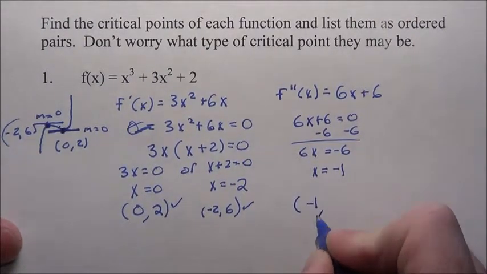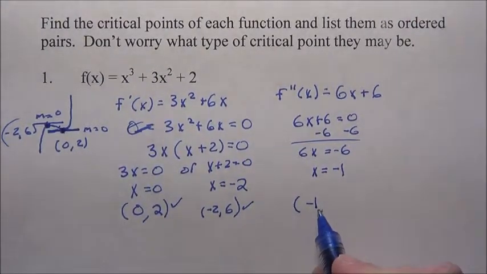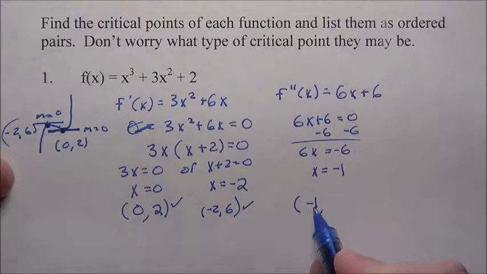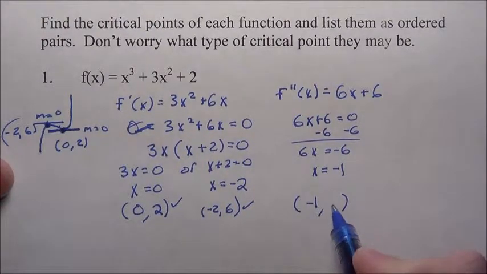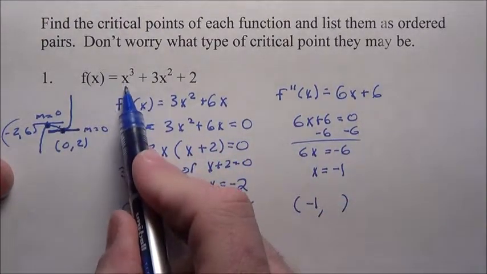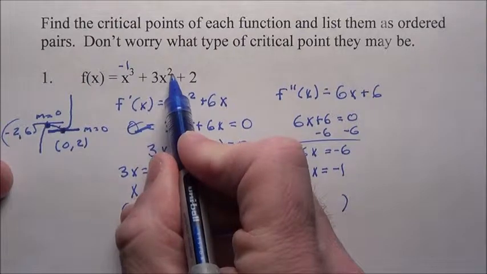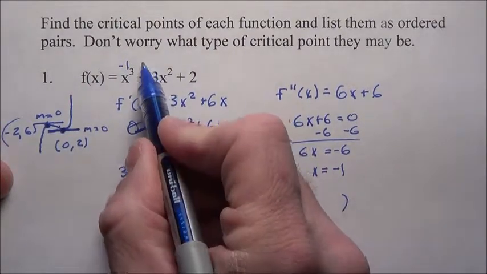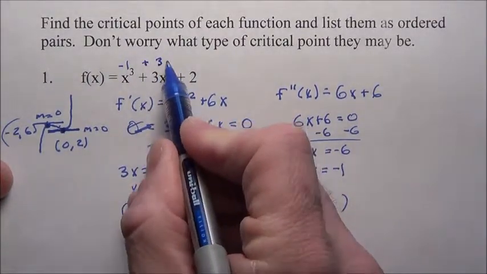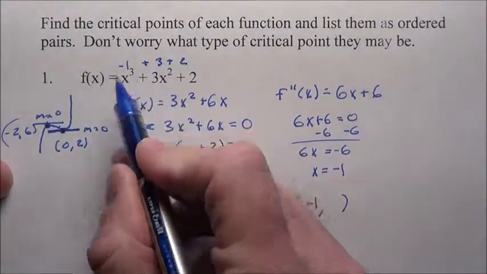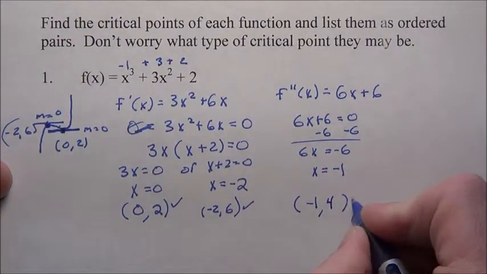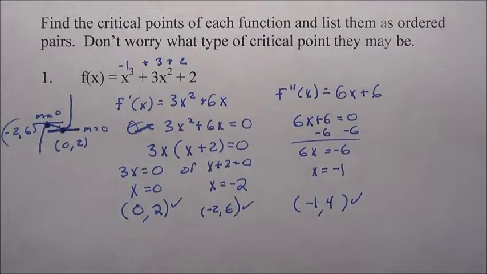So there's going to be a critical point, the point of inflection, at negative 1 comma, well, what's the height? I plug negative 1 back into the original equation. Negative 1 to the third is negative 1. Negative 1 squared is 1, times 3 is 3, plus the 2 is 5, take away 1, I get 4. There is my third critical point.